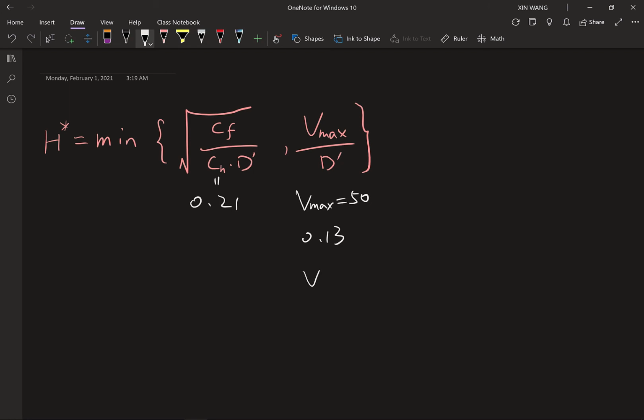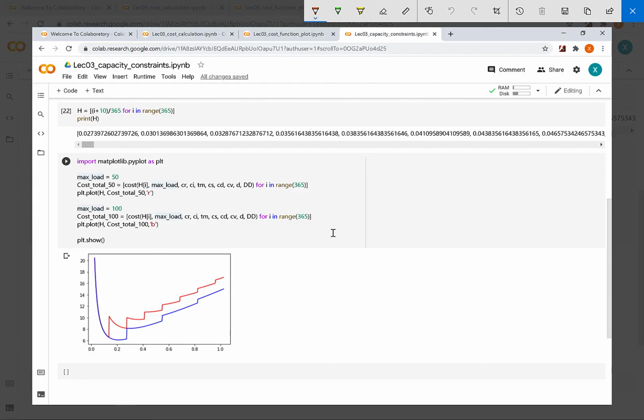If the Vmax value is 100, then the bounded value is 0.26. That indicates the two cases. The first value here is 0.13, and the second value here is 0.26.